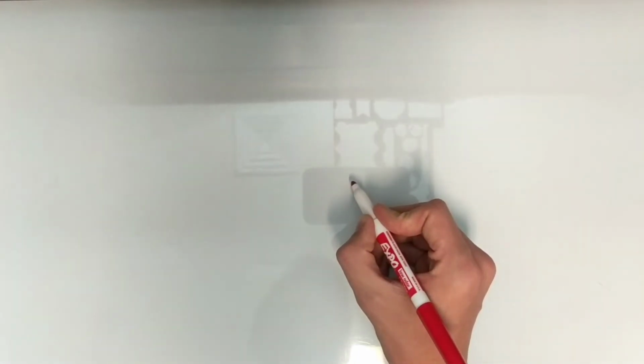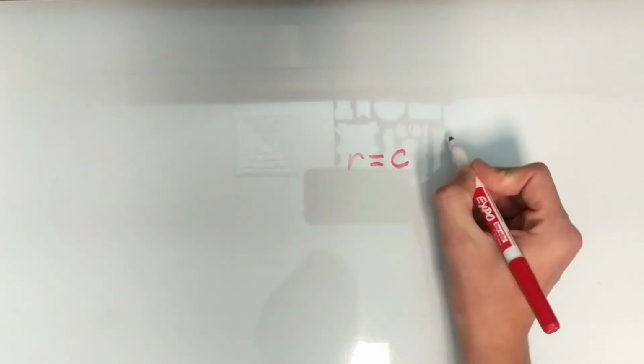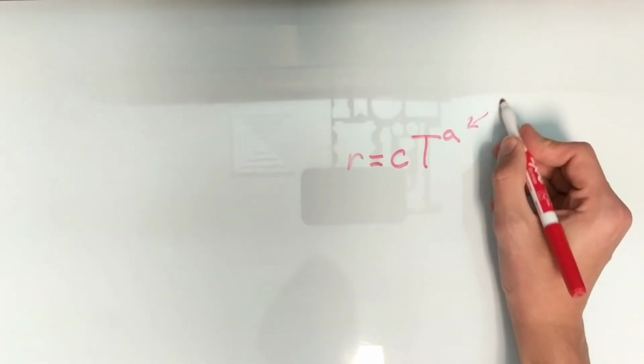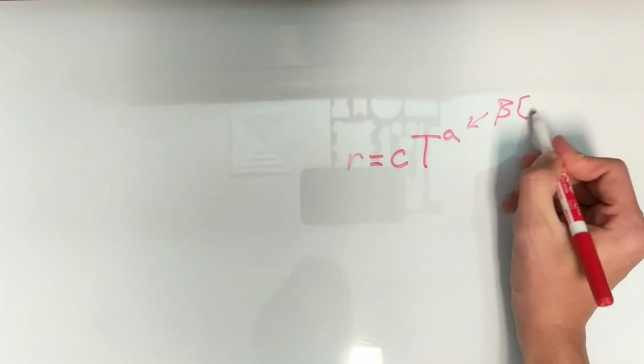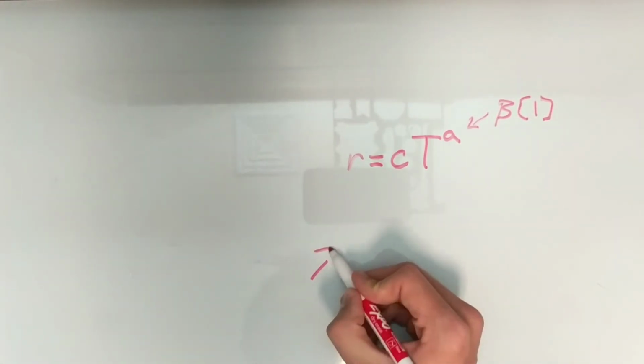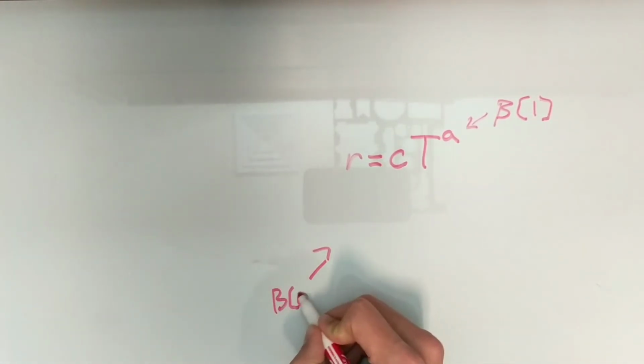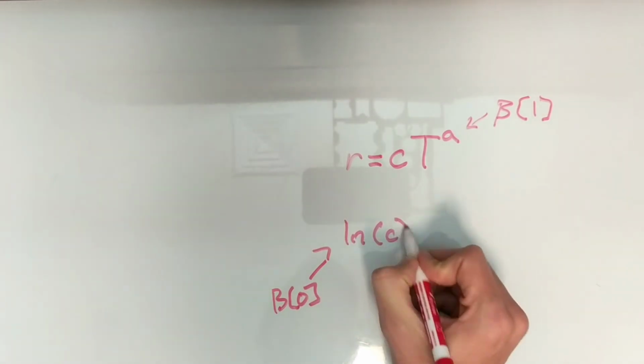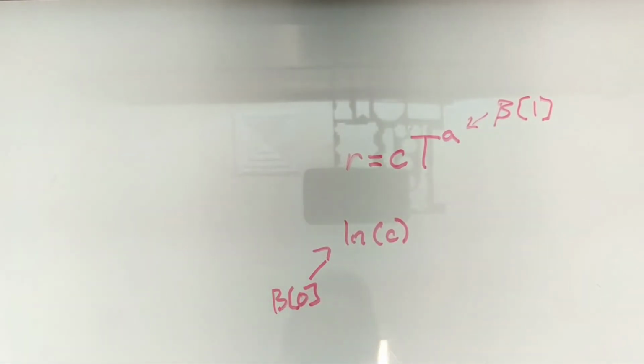To find your beta, that'll be the same thing as the 2 examples before it. And then for problem 8, the last tricky thing to remember is that you want to calculate your r based on your t that you're given. Now the only thing is that your a right now is going to be your beta at 1, but your beta at 0 is actually ln of c. So you can't say that's beta of 0.